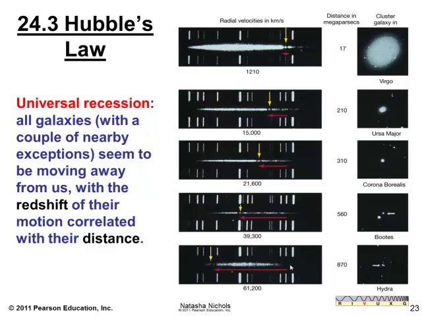The vertical yellow arrow in each spectrum highlights a particular spectral feature, a pair of dark absorption lines. The horizontal red arrows indicate how this feature shifts to longer wavelengths in spectra of more distant galaxies. The white lines at the top and bottom of each spectrum are laboratory references for those wavelengths.